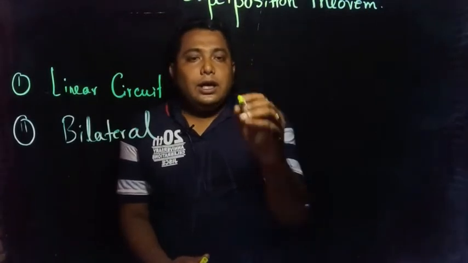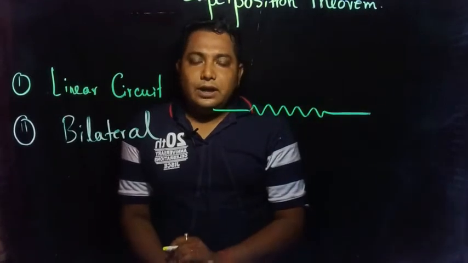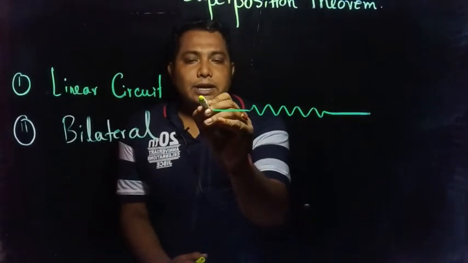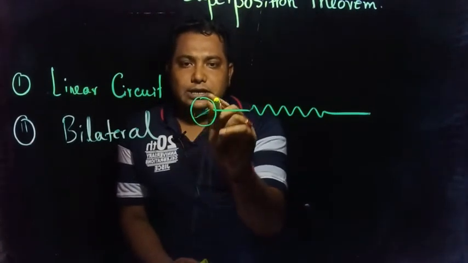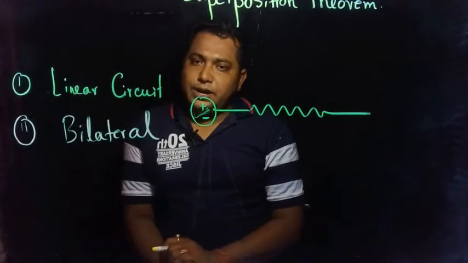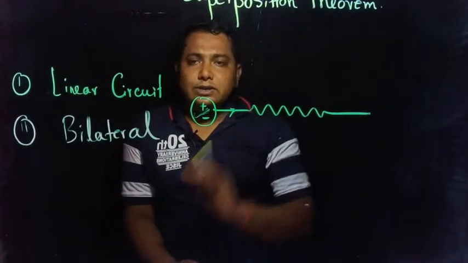Now consider our resistor. Say we are connecting a source over here, not AC, we should use a DC source. If we connect a DC source, the current will flow from this side to this side.